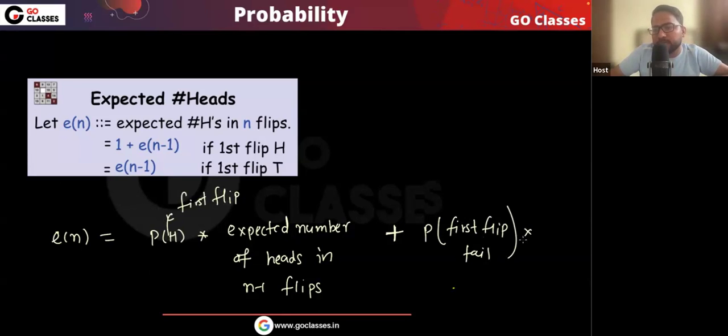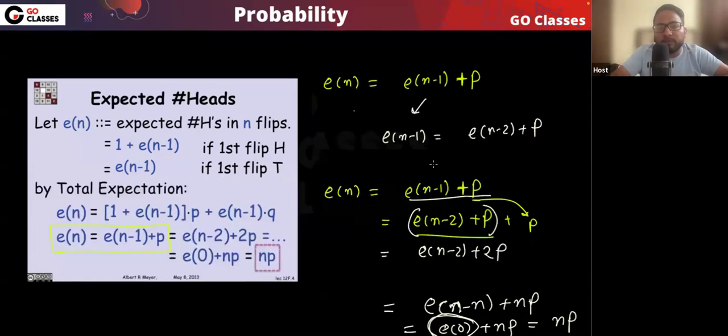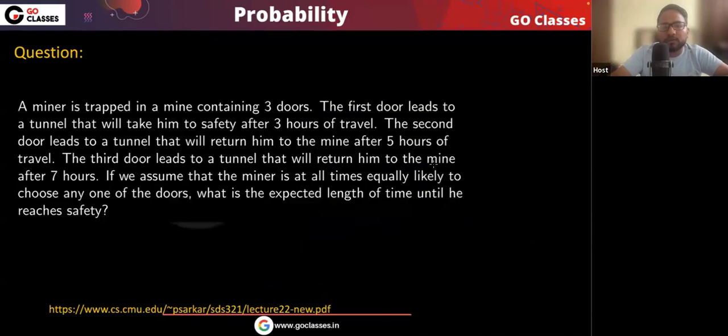In that case, what is the expected number of heads that we will be getting? So this is how you can solve this question. Basically, if the first flip is head, then what is the remaining expected number of heads? If the first flip is tail, then what is the remaining expected number of heads, right? Okay, maybe with more examples, it will be more clear. So let's try to solve this example and see what answer we are getting here.